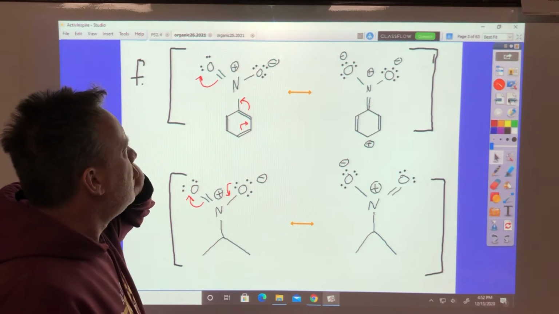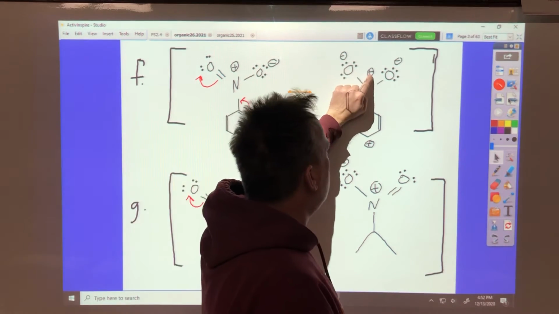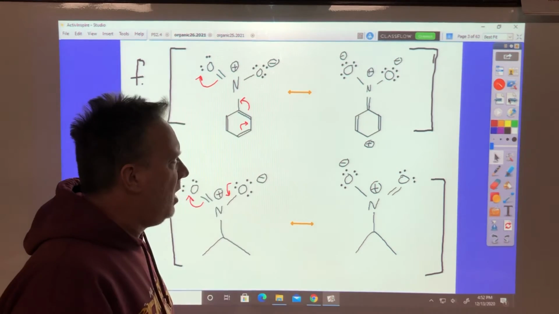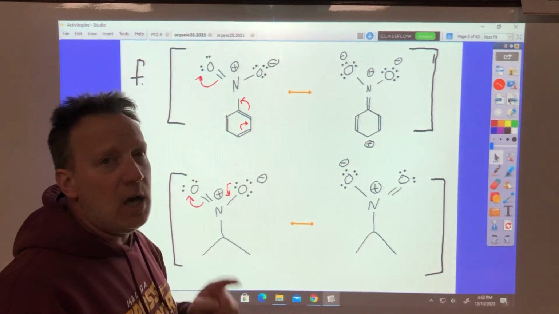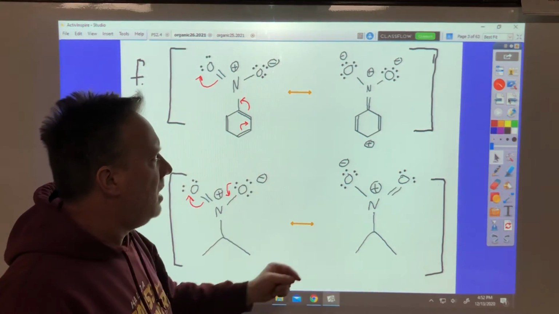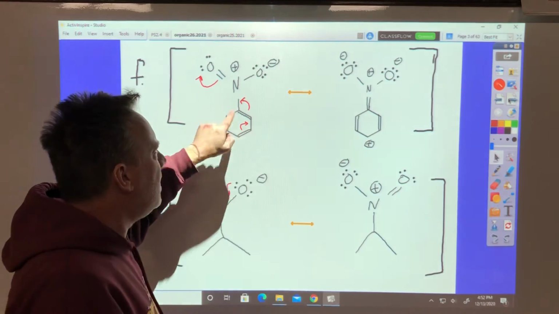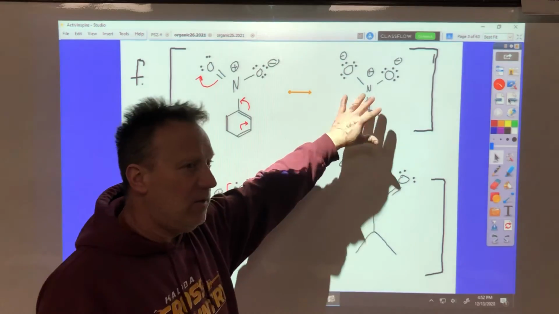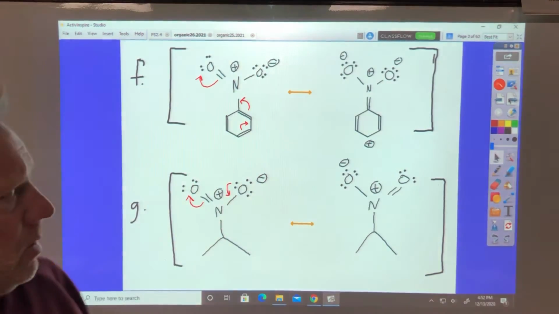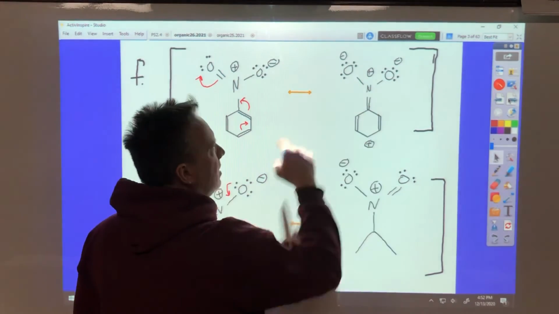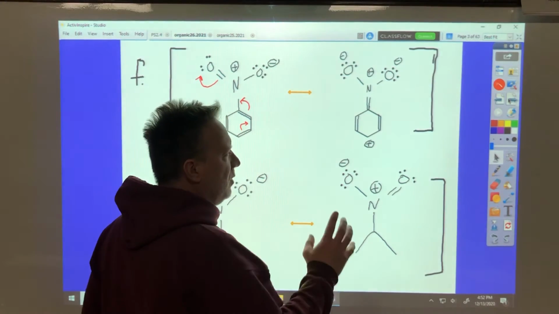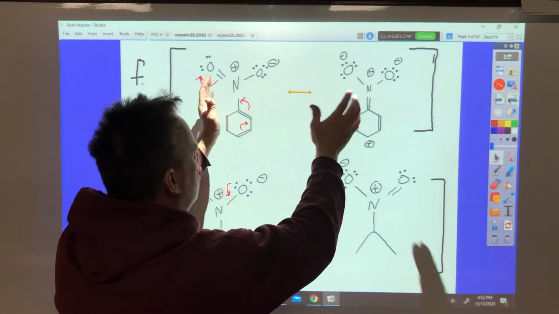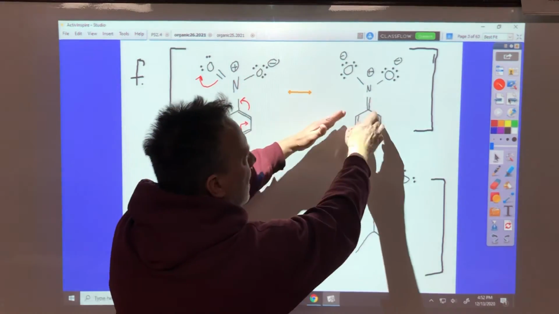Now, if you do that, you're going to have a negative charge and a positive charge and a negative charge and a positive charge. Just because I could draw it, and there's not a rule against it, doesn't mean that it's going to spend half its time doing this and half its time doing this, or that it's going to be 50% this character and 50% this character. This oddball isn't going to stick around very long. If you resonate these and you look at the character of these two, it's going to be much more like this than it is like that.